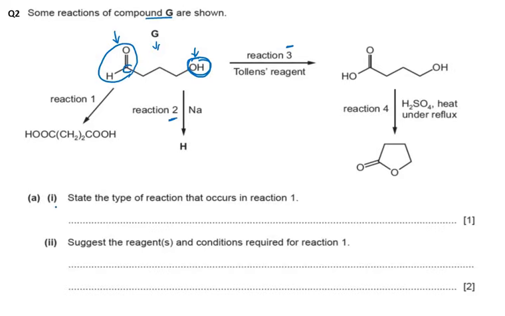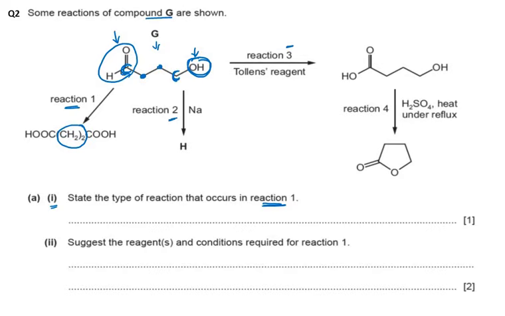Now the first sub question says, state the type of reaction that occurs in reaction 1. Have a look at reaction 1. What is happening? The carbon chain in between remains as such, that is, the 2 carbons in between remain as such, and what we can see is that the other 2 carbon atoms which are left have changed.